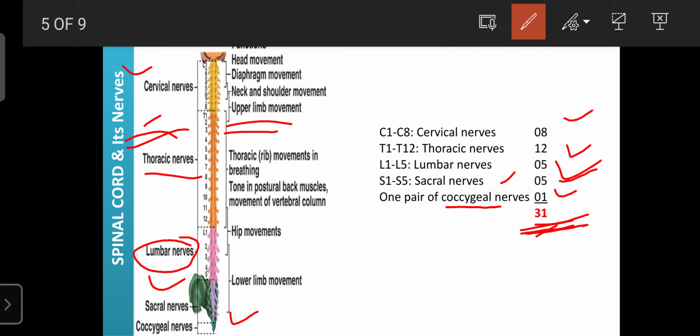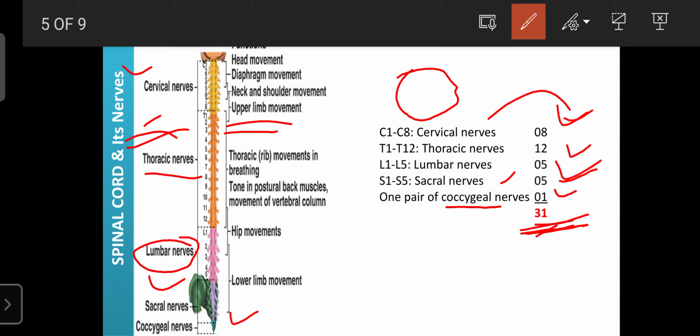Regarding the functions of the spinal nerves, the cervical spinal nerves, 8 pairs in number, arise in the cervical region and are mainly involved with organs like the head, diaphragm, neck, shoulder, and upper limb.